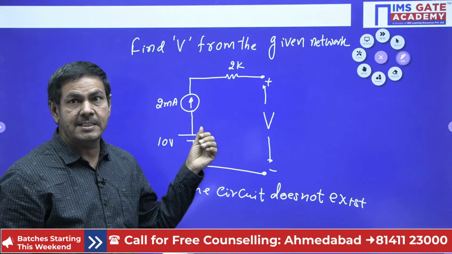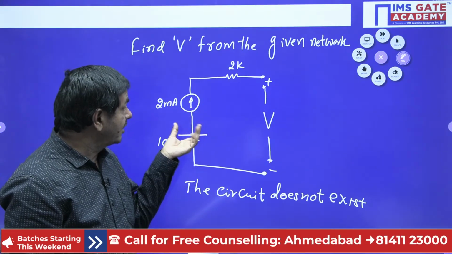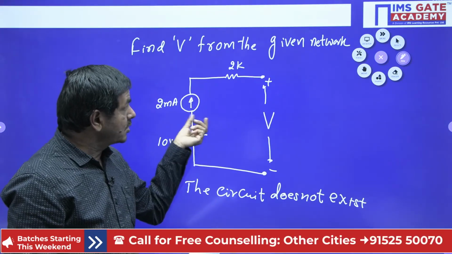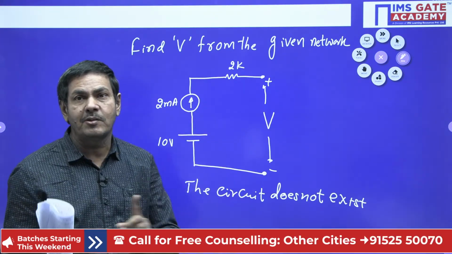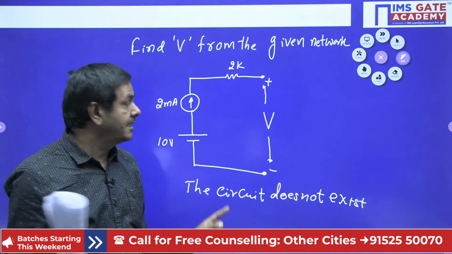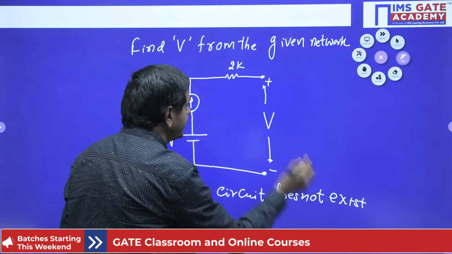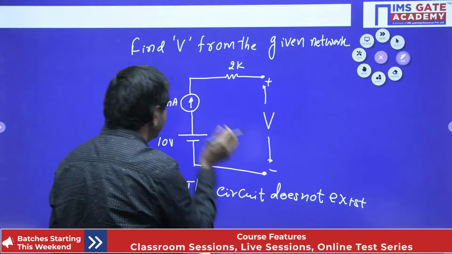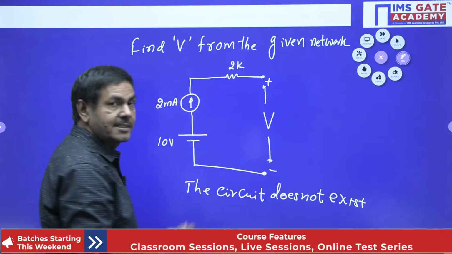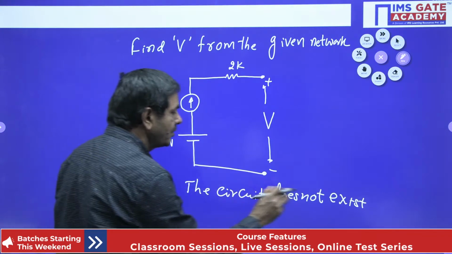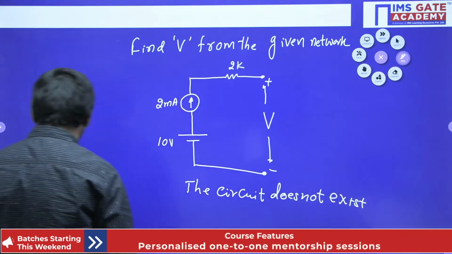Is it allowed to connect a current source with an open circuit or not? That point you have to remember. It is not acceptable. That is why the circuit does not exist. That means an open circuit with a current source will not exist. That is why we can say the circuit does not exist.